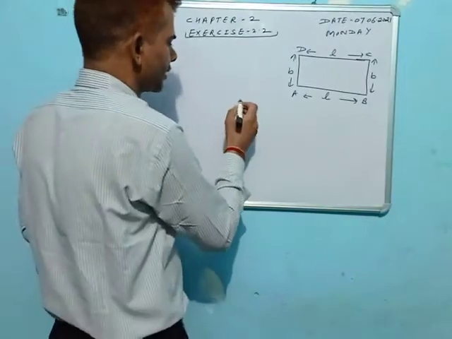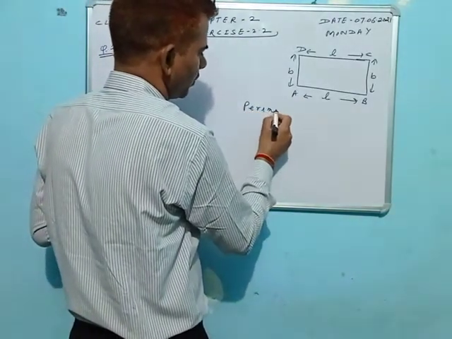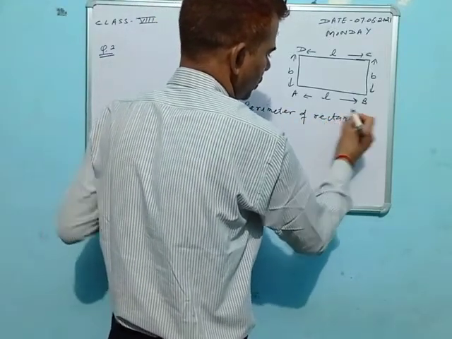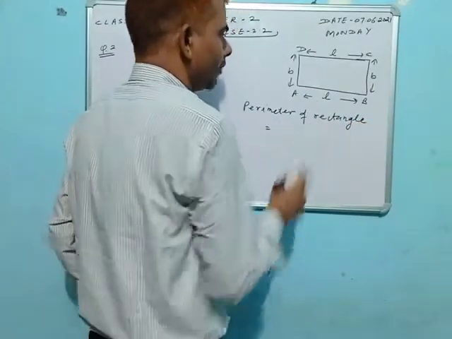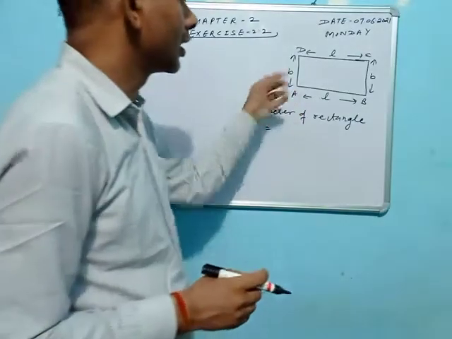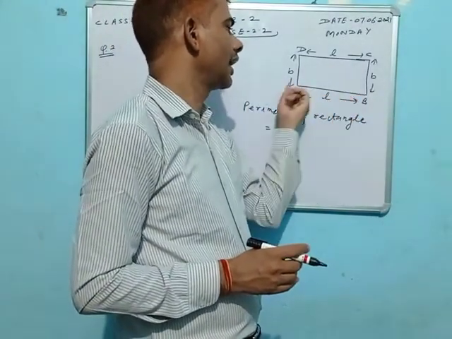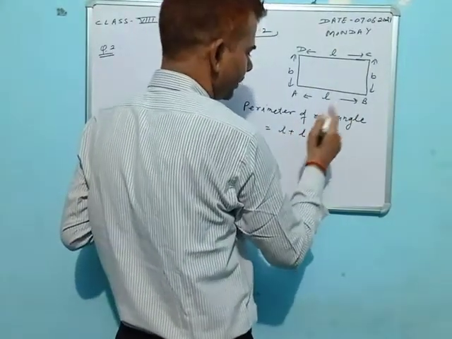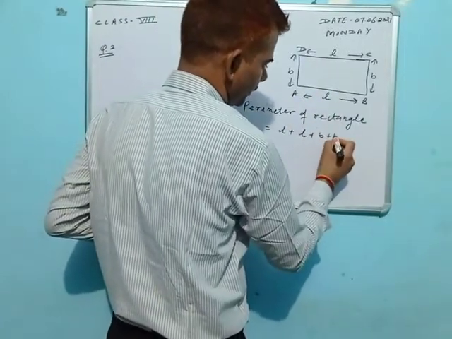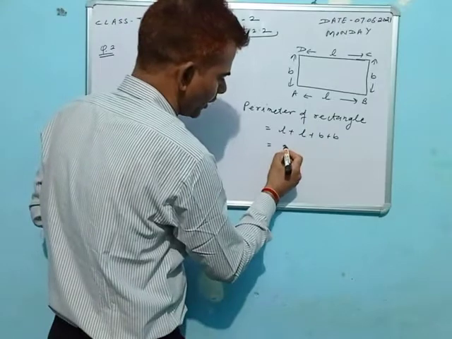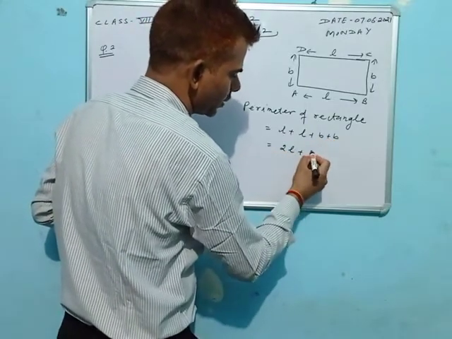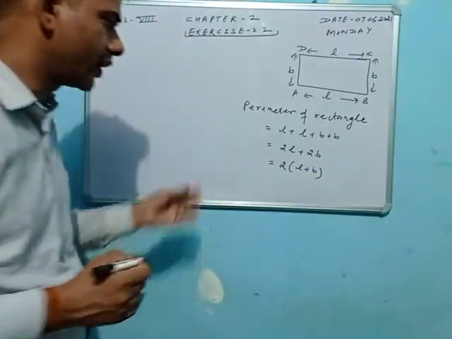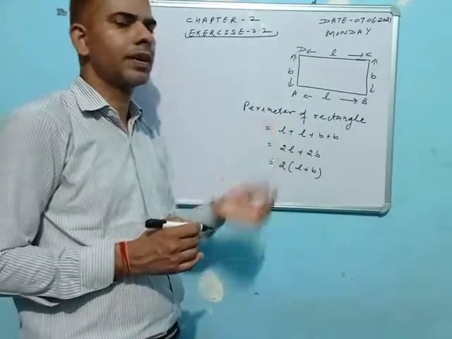Now, to find the perimeter of a rectangle, we take the sum of the lengths of the outer sides, that is length plus length, breadth plus breadth, L plus L and B plus B. L plus L is twice of L. B plus B is twice of B. Now 2 is common, so twice of bracket L plus B is the perimeter of the rectangle.